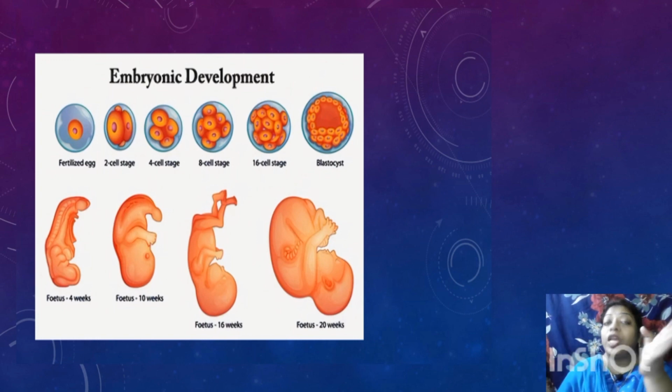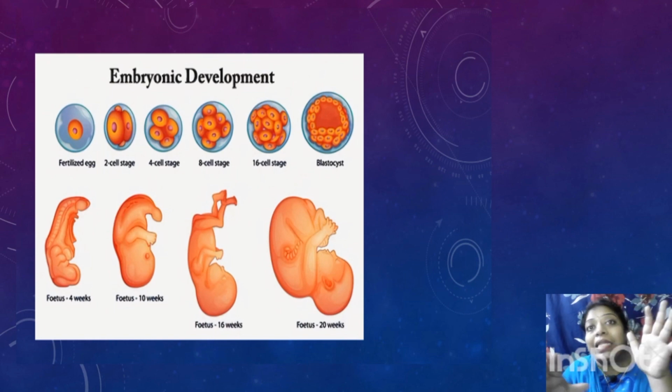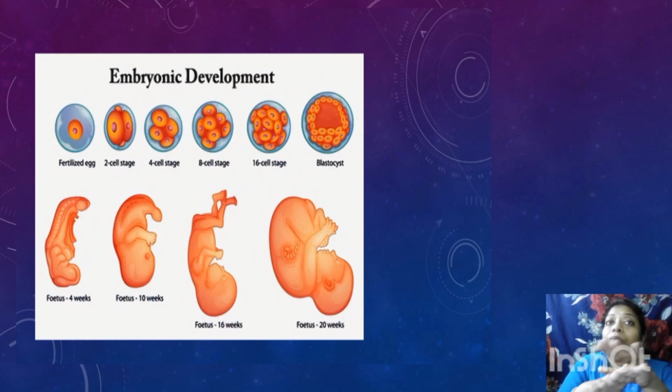But once the fetus is formed inside, a new hormone is produced, called HCG. Along with this HCG, the estrogen, the progesterone, etc. play an important role in maintaining the pregnancy, the complete pregnancy.